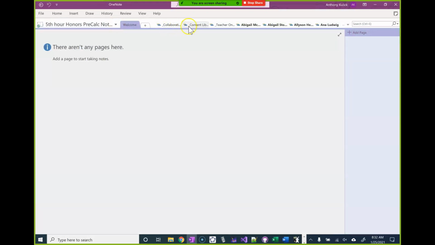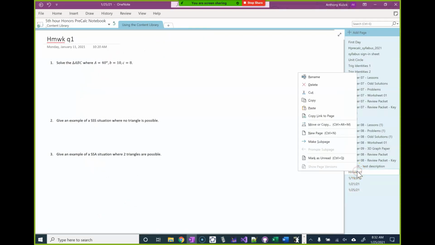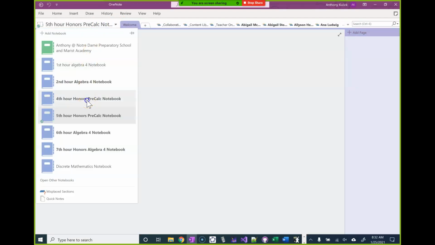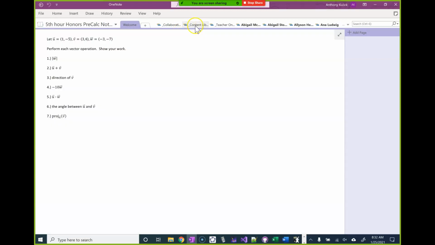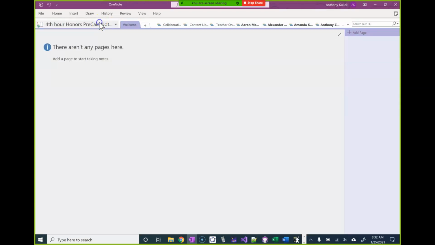Not in your notebook, apparently. I'll go grab it from the other one. So let me copy that and paste it back where it needs to be. So we're going to do that, and then sync this notebook.